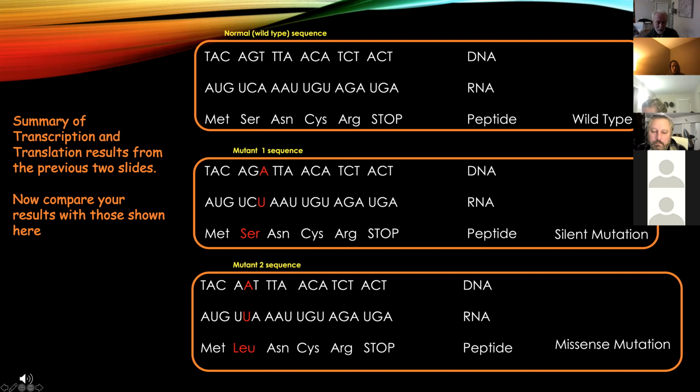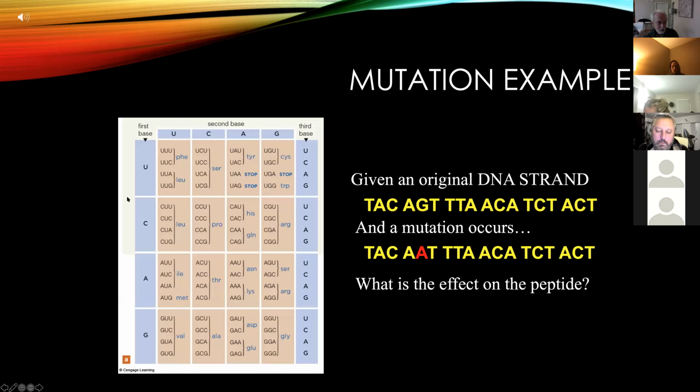Now consider mutant 2, where this G becomes an A. So now instead of the codon AAT, it's UUA. And if we look that up, UUA is leucine.